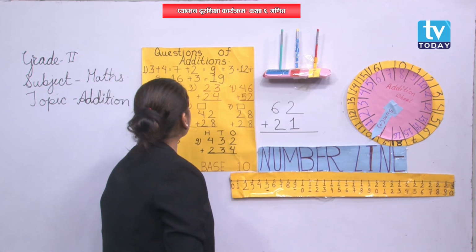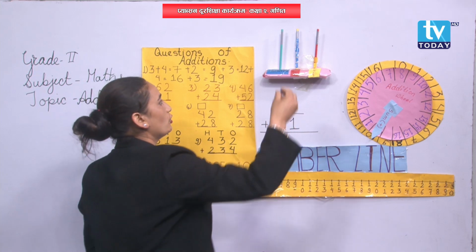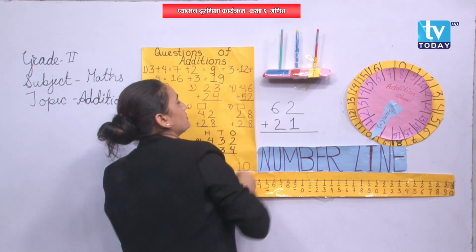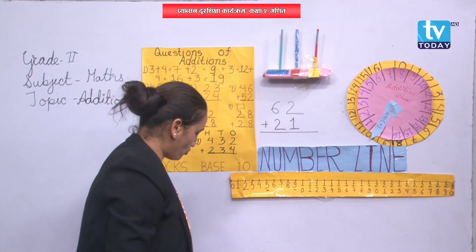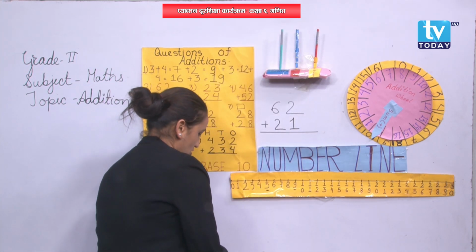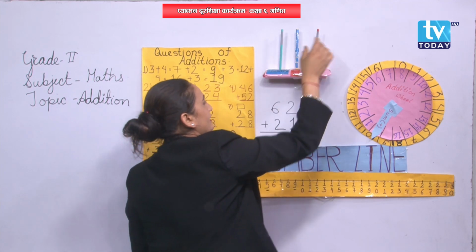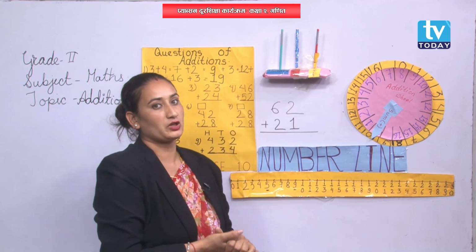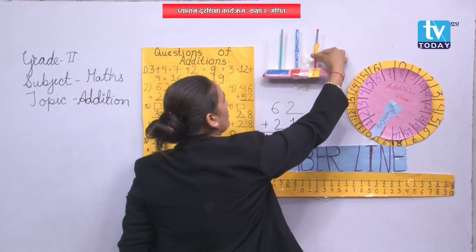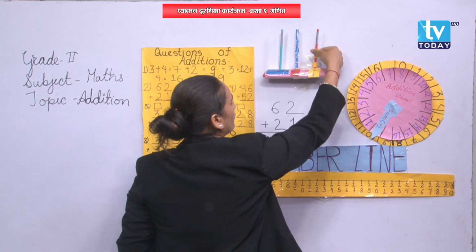Now 21. Let's put 2. It's 1, 2, 20. Now I need to add one more, right? So 1. Now can you count the numbers here? Now how many yellow colors are here? 1, 2, 3, right?